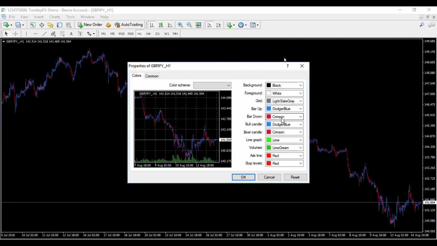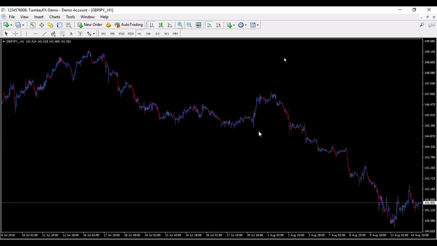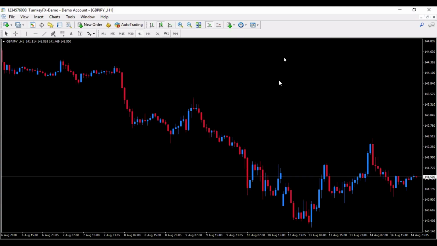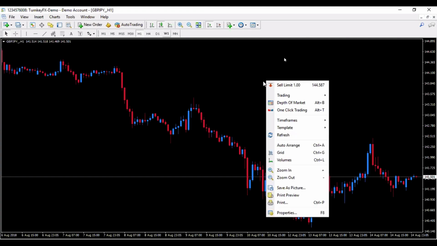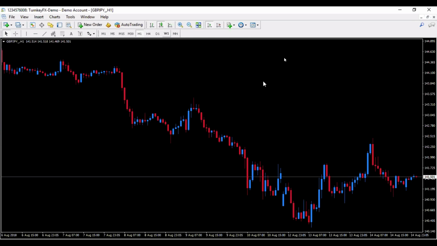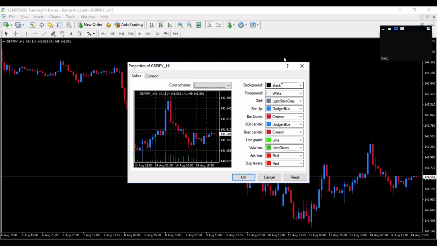If you are okay with the background that I have here, it's more visible for your eyes and it works for you, then go ahead and use these settings. Once again, to get to this part, you either right-click or press F8 on your computer and the same screen will pop up. Everything that I have on here, you can go ahead and set your computer screen up the same way.